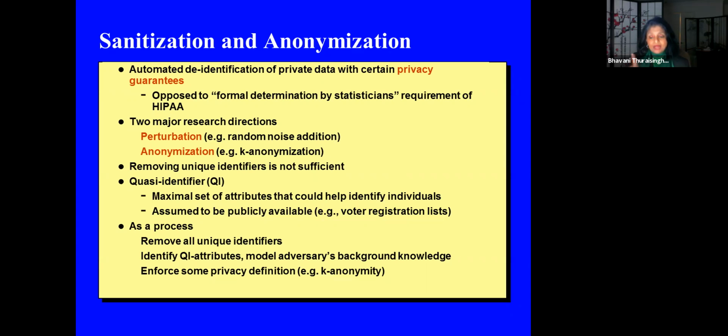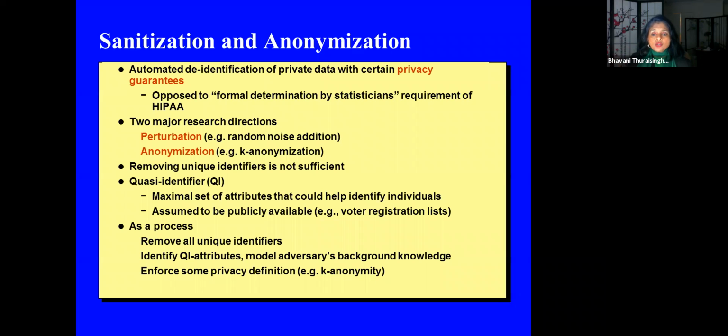Anonymization. So I'm going to talk about K-anonymization. You want to anonymize data. To anonymize data, removing the unique identifiers is not sufficient. Just removing the social security number is not enough, because what you really want to do is make it as difficult as possible for the adversary to infer the private information.